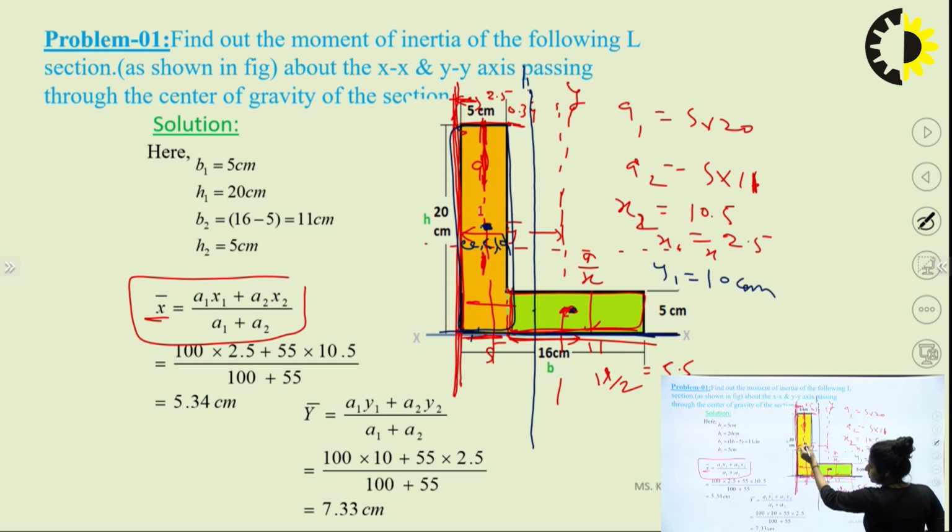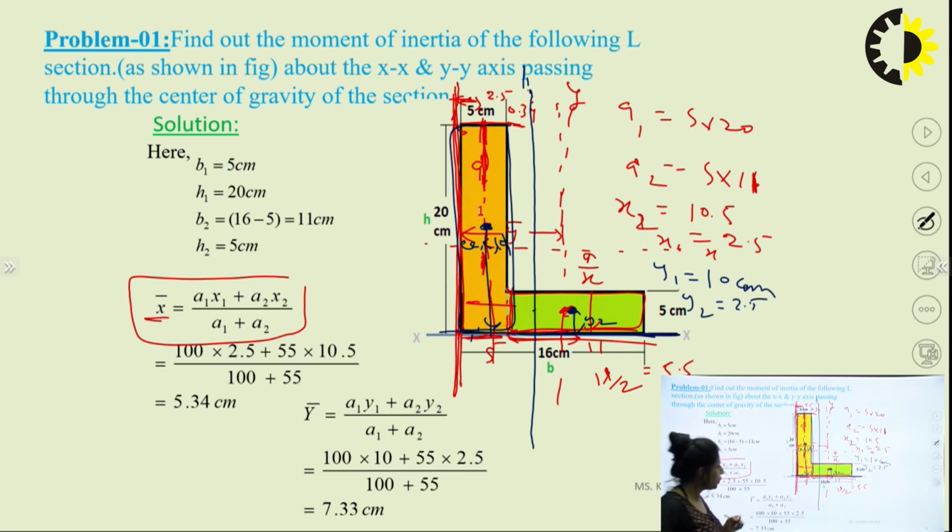For this CG, the distance between CG and reference axis is y1. And the distance between CG and reference axis is y2. Okay, so y2 is what? It is simply 2.5. Put all the values and find the value of y bar.